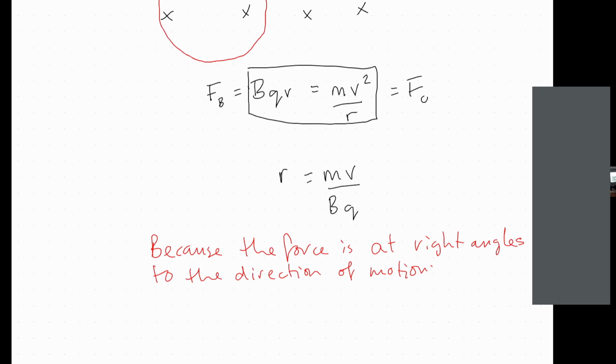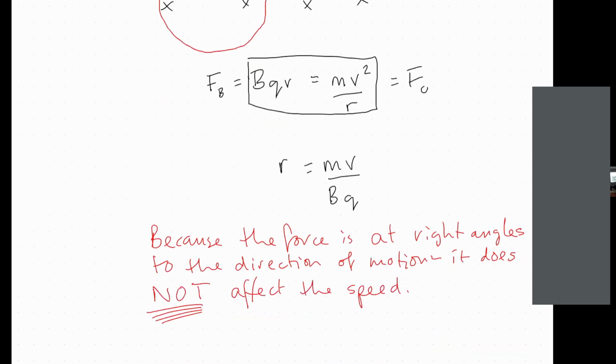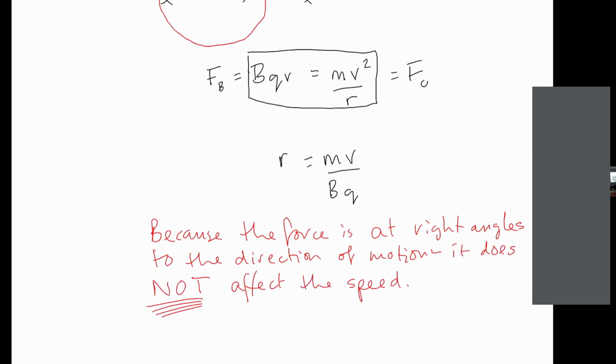So it affects the direction, but it doesn't affect the speed. Because it's always at right angles, it does not, in large letters, underlined four times, affect the speed. So the speed of my particle is not going to be affected by the fact that it's going around in little circles. All it does is change the velocity direction, and the velocity magnitude is not changing. That's something that lots of people forget.